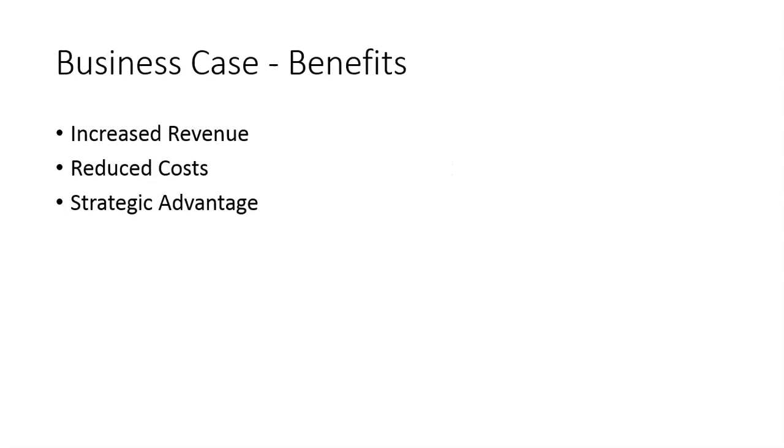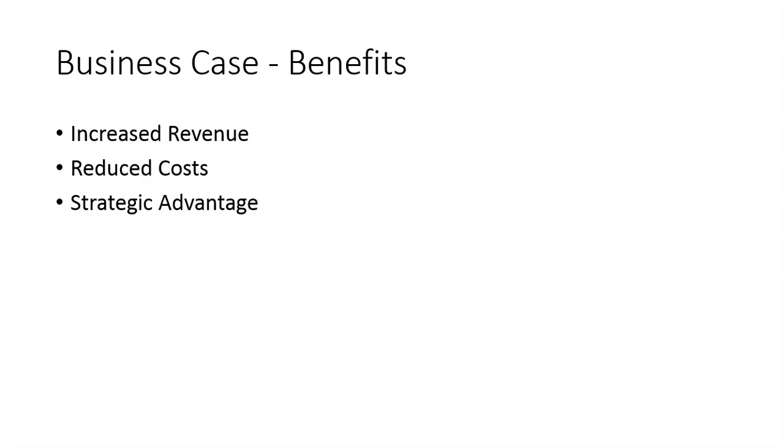In addition to the methods for selecting those projects, there's also the benefits that you're going to see in the business case. Typically, you see three types of benefits defined: increased revenue, reduced cost, and strategic advantage. So the last benefit, strategic advantage, enables an organization to achieve its goals and enables them to compete effectively as well.